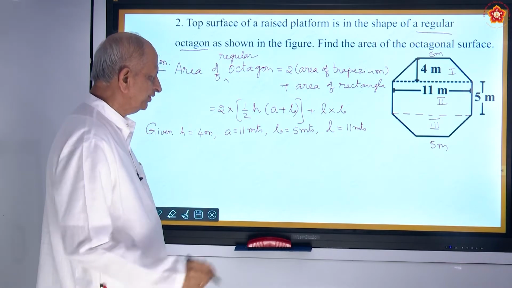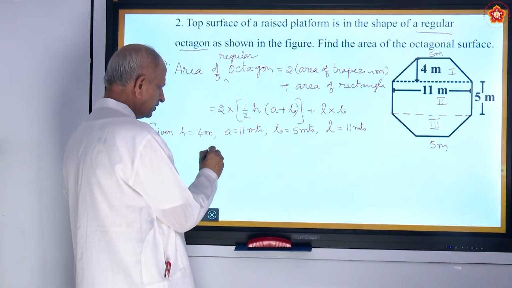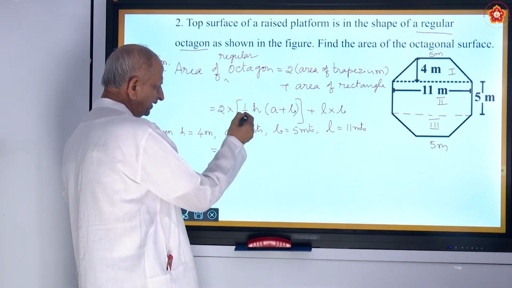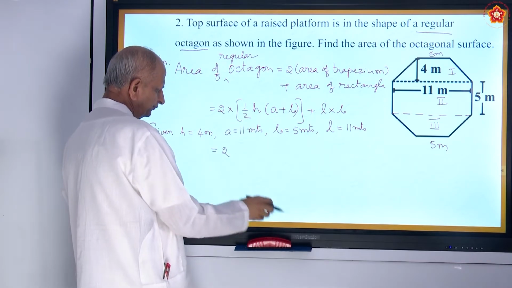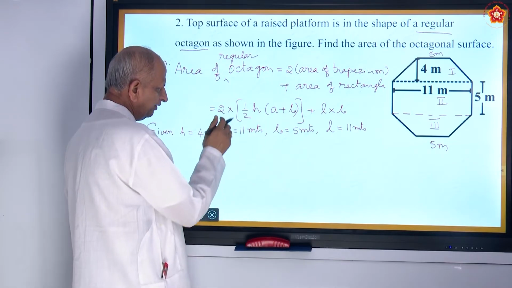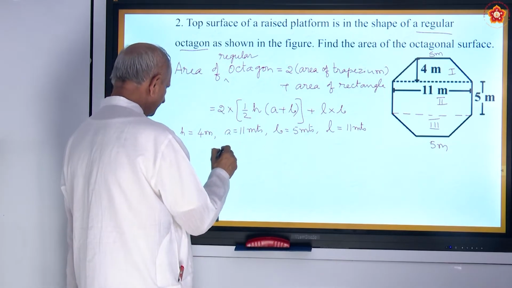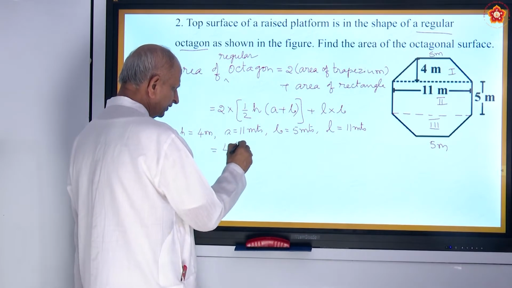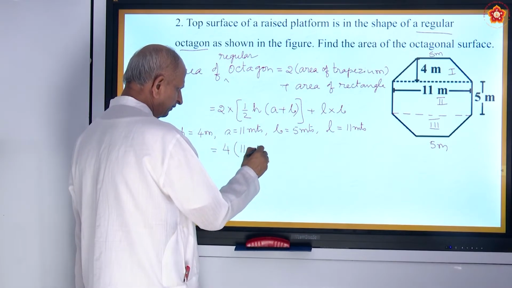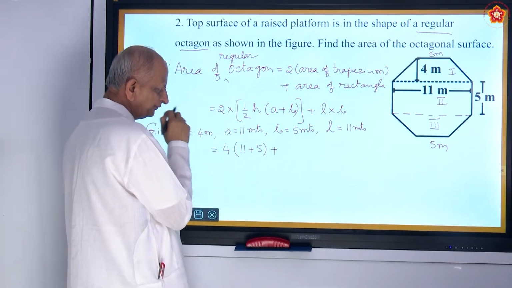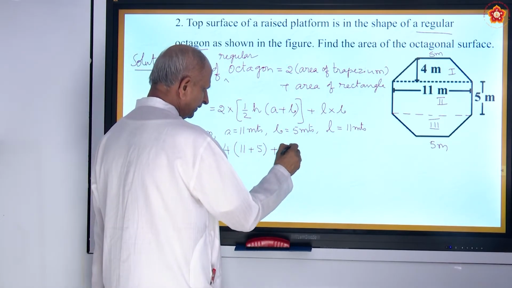Using this, you substitute, you get the answer. So 2 into, so the 2 and half cancel, correct? You have h. H is how much? 4 into a plus b. A is 11, B is 5, plus L into B. L is 11, B is 5.